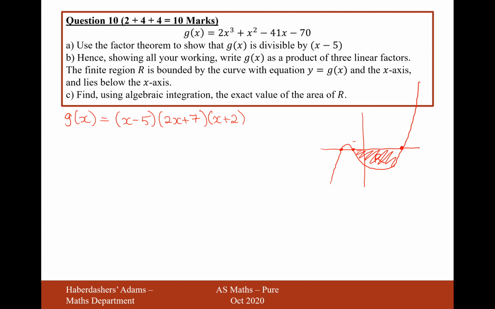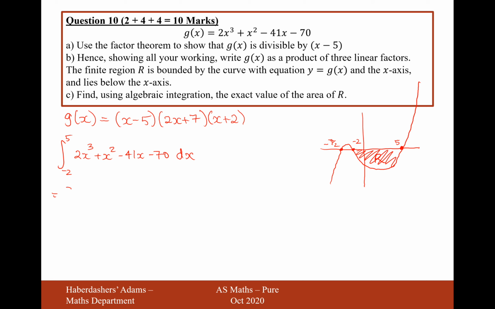This point here was minus 2, and this point here was 5. This point here was minus 7 over 2. So it's going to be the integral from 5 to minus 2 of 2x cubed plus x squared minus 41x minus 70 dx.